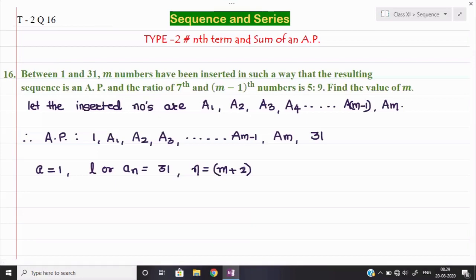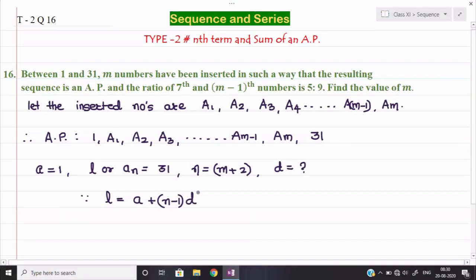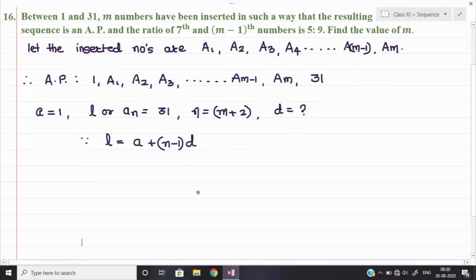So we know the value of a, the value of l, and the value of n in terms of m, but we don't know the value of d in this question. So d is equal to question mark. First of all we shall apply the formula of the last term: last term is equal to a plus n minus 1 into d. Now I will put in the values I know. The value of l, 31, is equal to 1 plus, in the bracket, m plus 2 minus 1, and then into d.